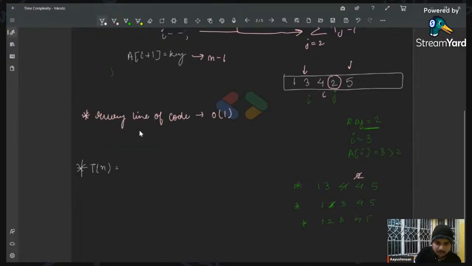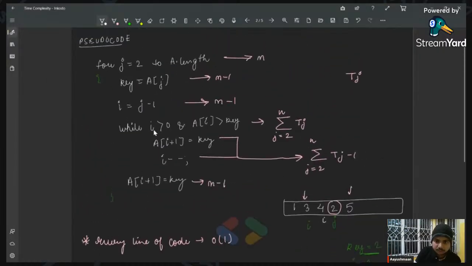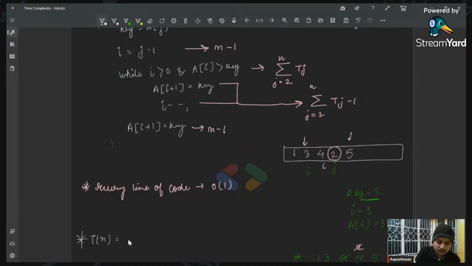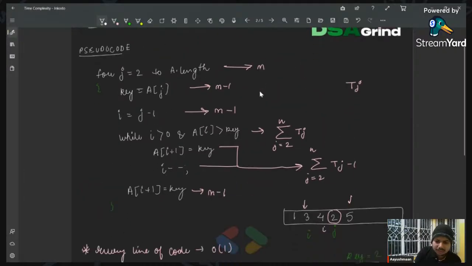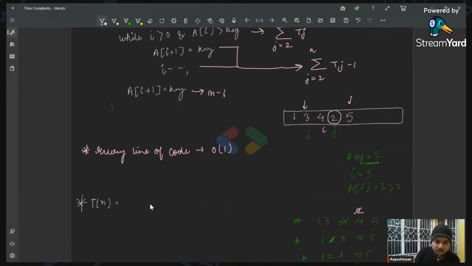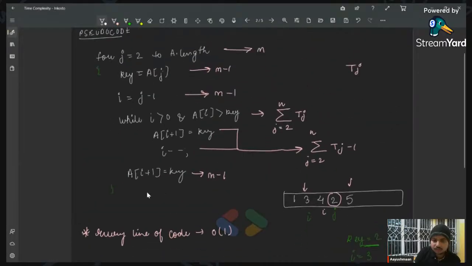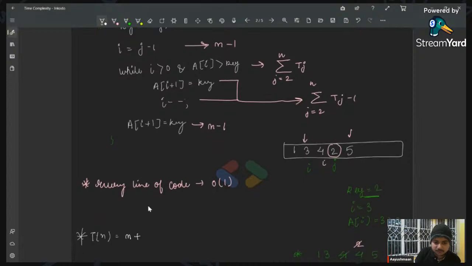Now adding up for the total time complexity, this will be the summation of all of this. Say we generally consider a constant value, but even if we don't consider the constant value, we have n plus n minus 1 plus n minus 1 plus sigma tj, j equals 2 to n, plus sigma of tj minus 1, j equals 2 to n.